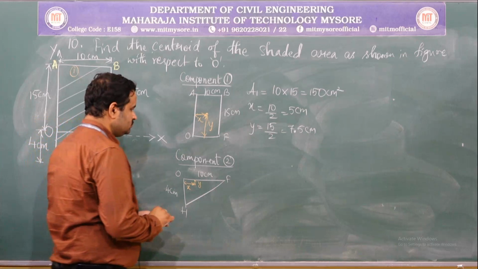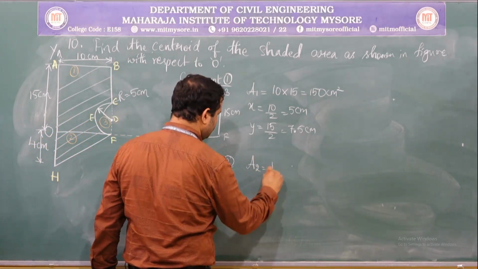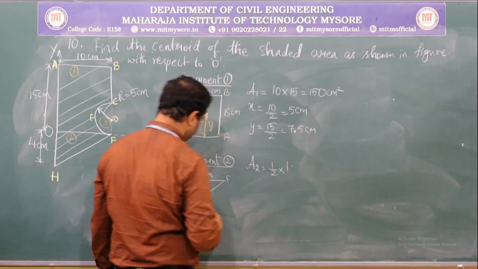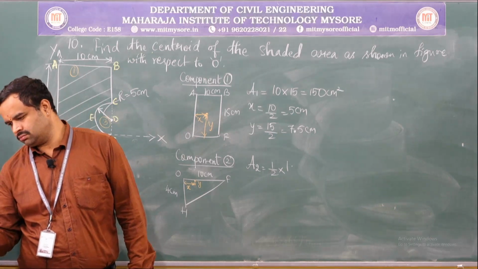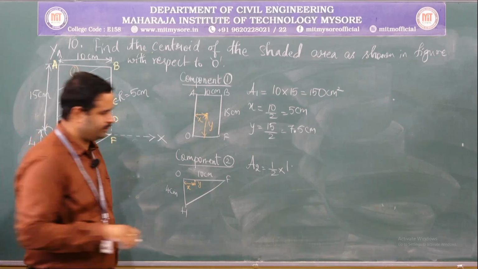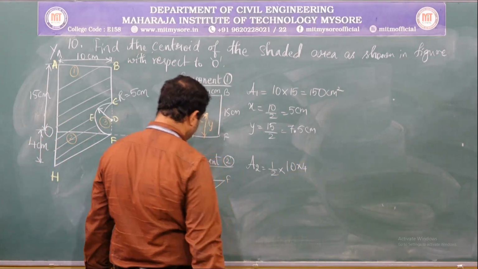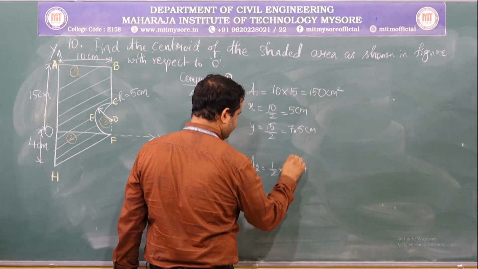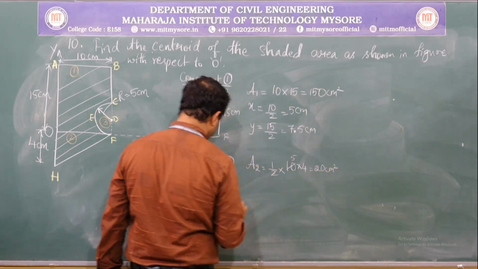Now, writing its area, A2 is equal to half into base into height, that is 20 centimeter square.